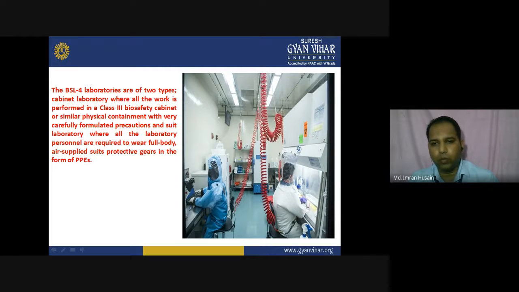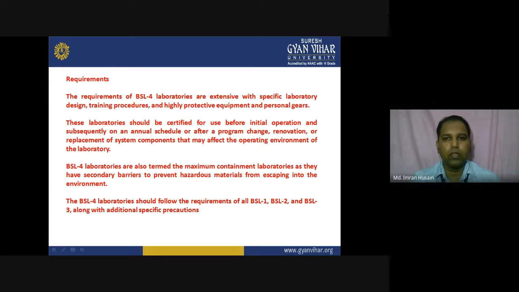So these body suits provide them protection, but also inside it they are wearing PPE kits for full body protection. So what are the requirements? The requirements of BSL-4 laboratories are extensive with specific laboratory design, training procedures, and highly protective equipment and personal gears. So these laboratories should be certified before use, before initial operation, and subsequently on annual schedule.